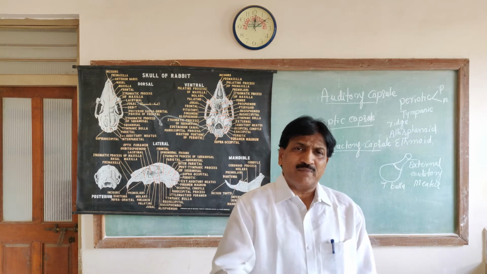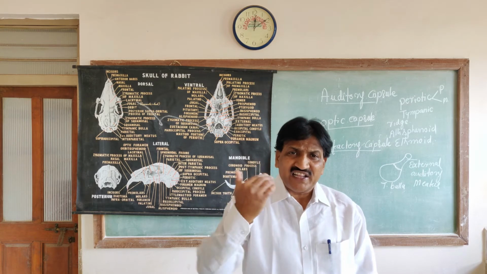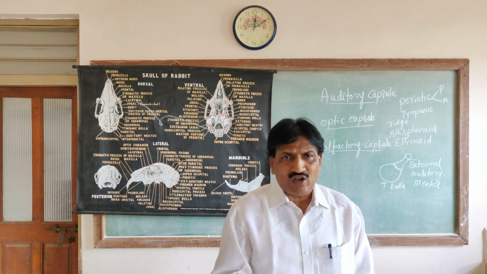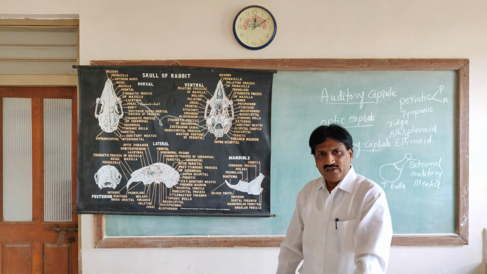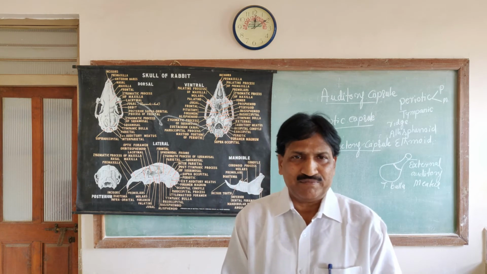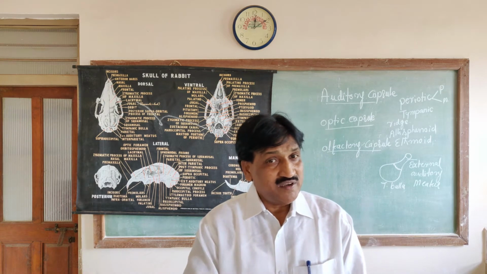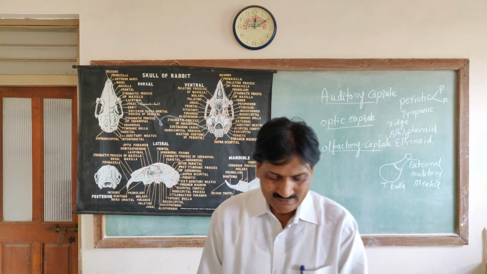Whereas in the frontal segment, each frontal bone produces lateral ridges called supraorbital ridges over the orbit. Okay, that is the end of the story regarding cranium: occipital segment, parietal segment, and frontal segment.